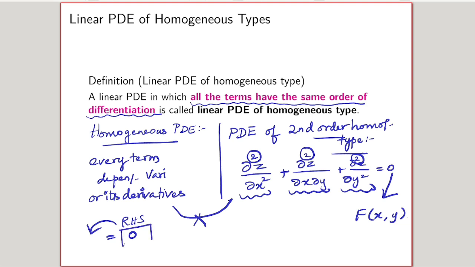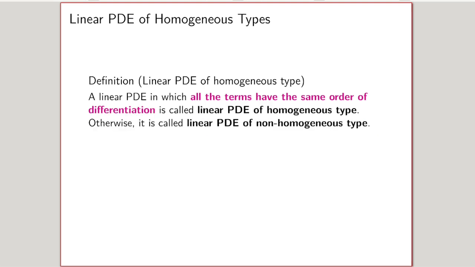But here the right hand side can be any function of x comma y. So there is no dependence between these two things. If we have different order derivatives in a single equation, then it is called a PDE of non-homogeneous type.